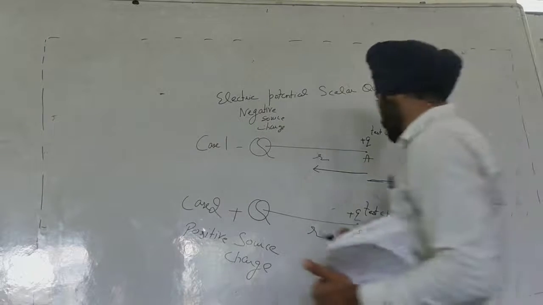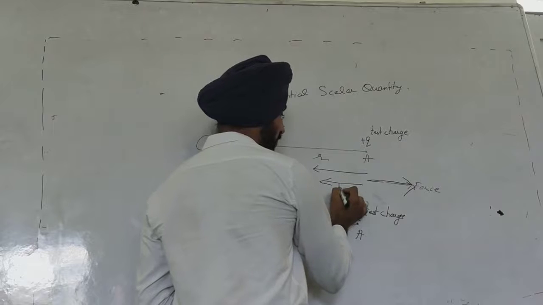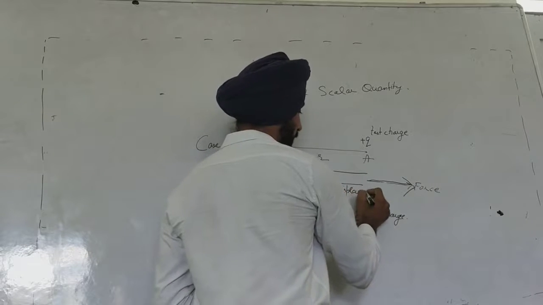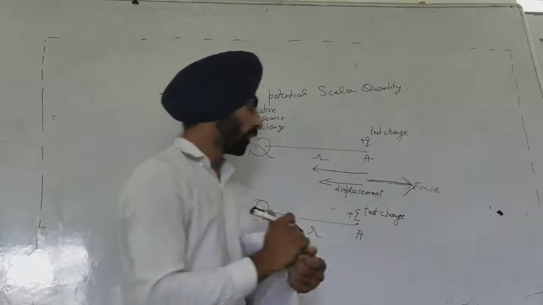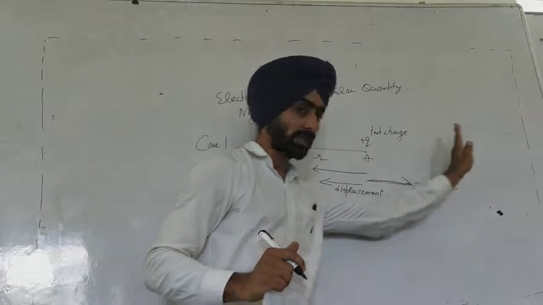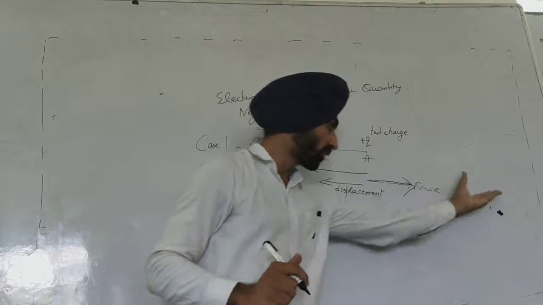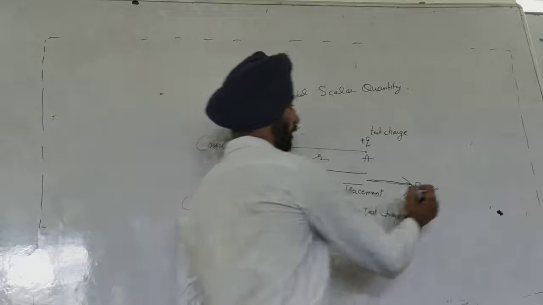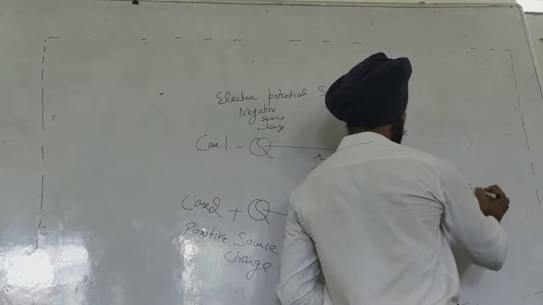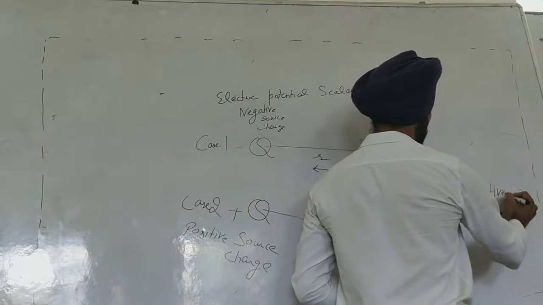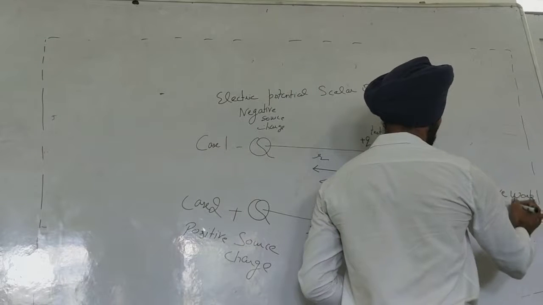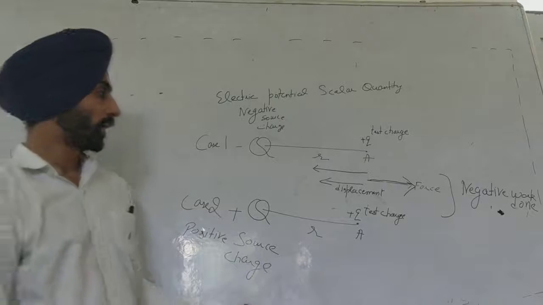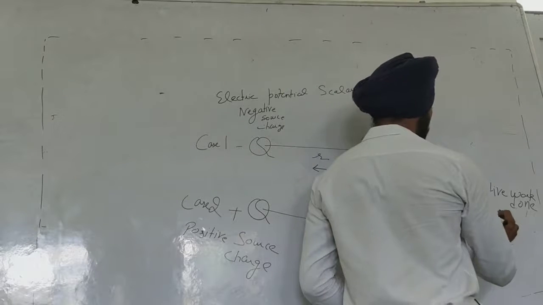We are discussing case number 1. So it is a case of negative work done, and if work done is negative, potential is going to be negative.